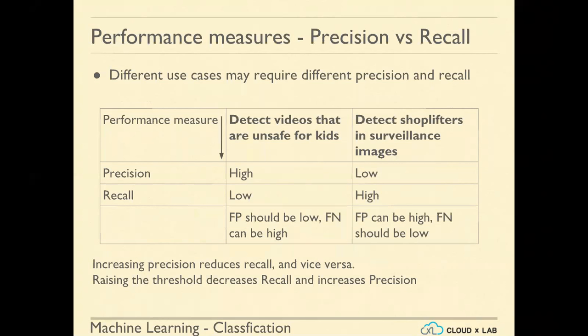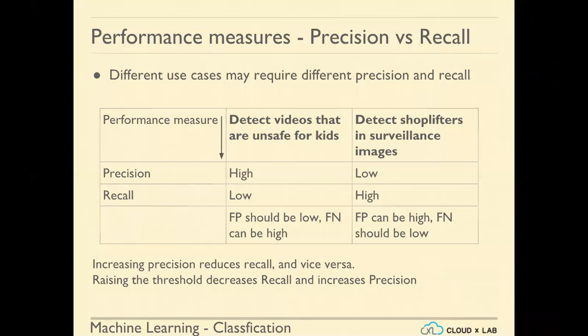Based on the task at hand, you would use precision as your measure or recall as your measure. In certain problems, you would require high precision, while in other projects you would require low precision but high recall.